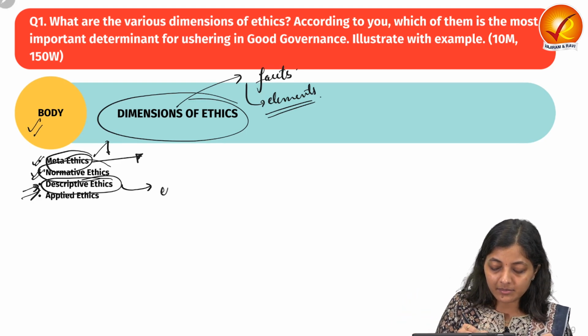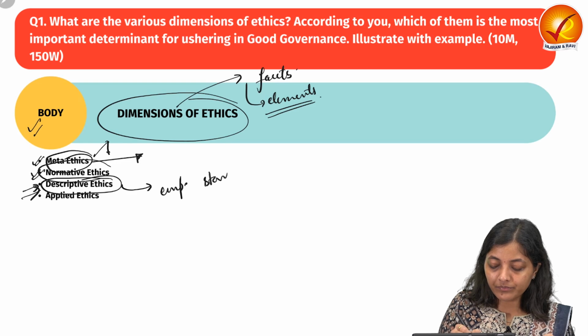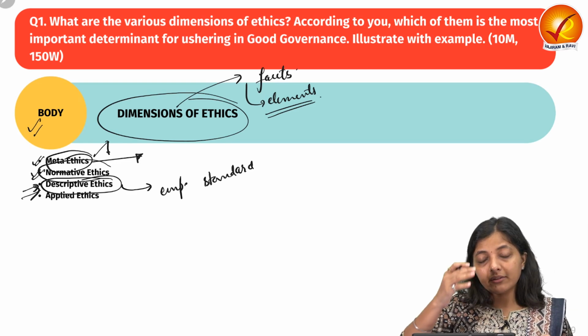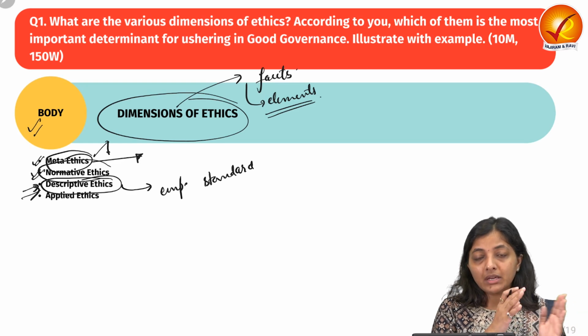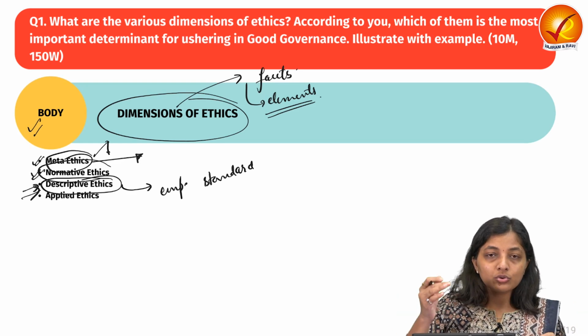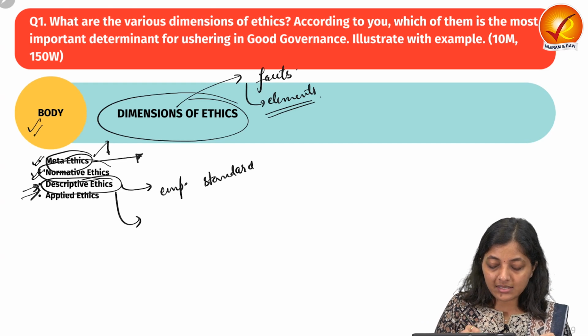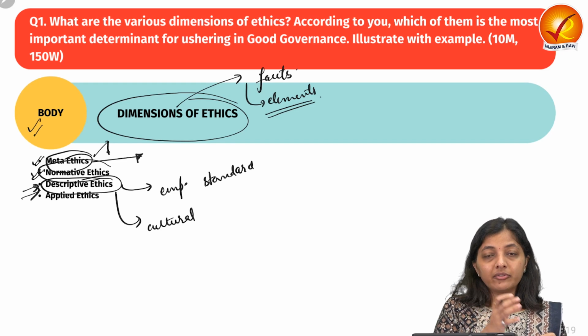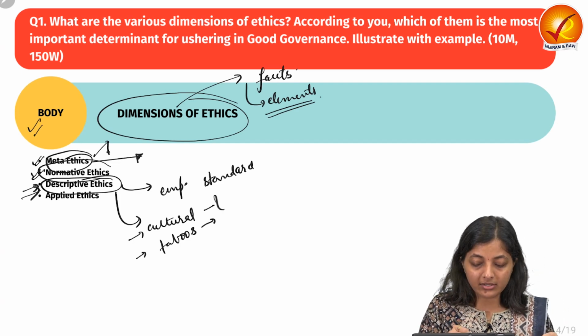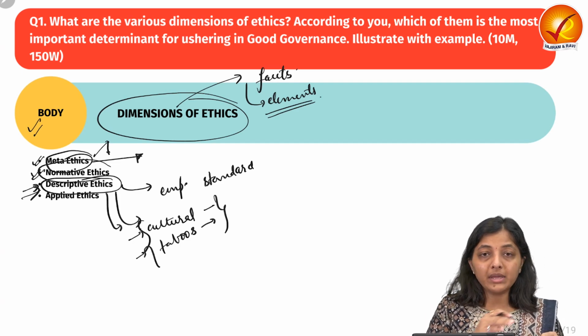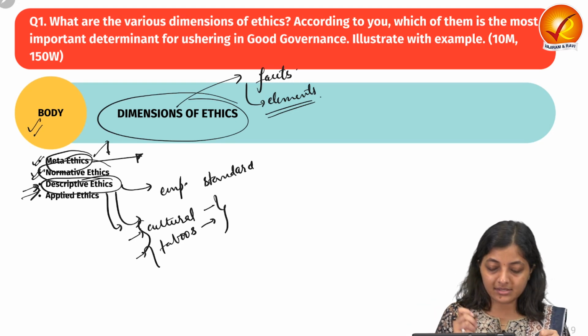These are empirical standards. How ethics have evolved in society, how ethics were there in history and how they evolved with time. This branch has come up with the major cultural parts: what the different ethical standards are in different cultures, different taboos in different religions, etc. So these are the empirical or observational ethics.